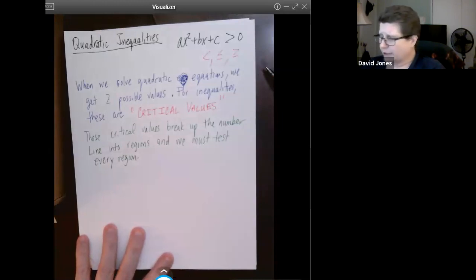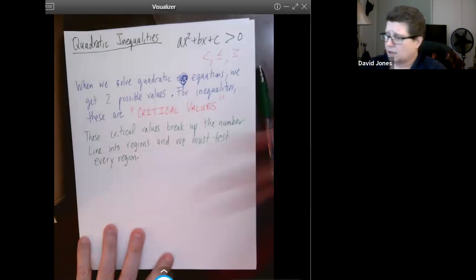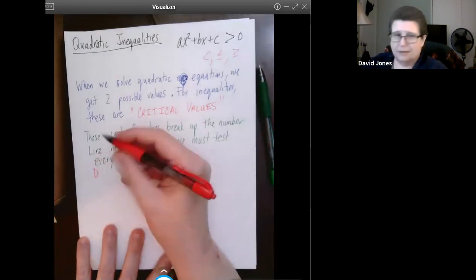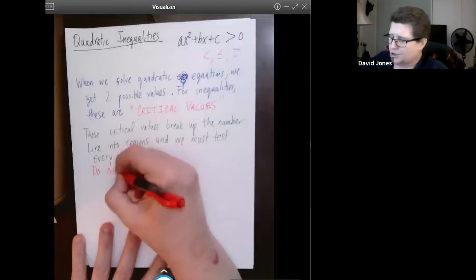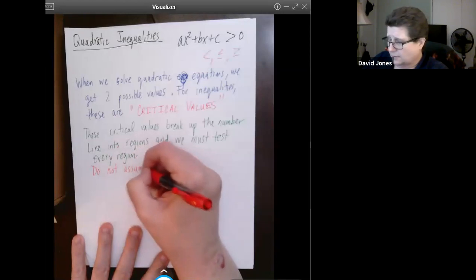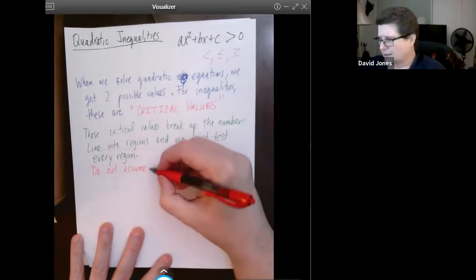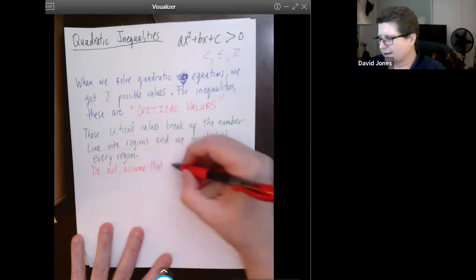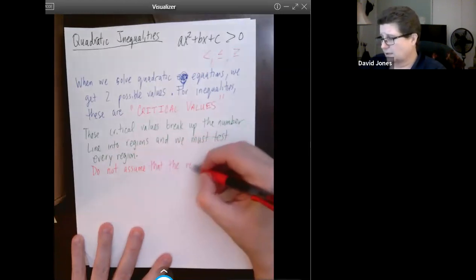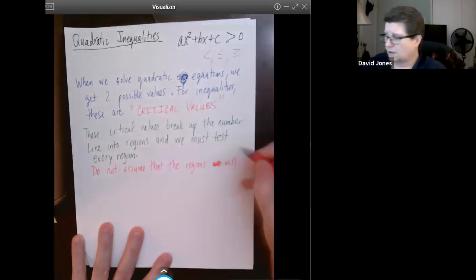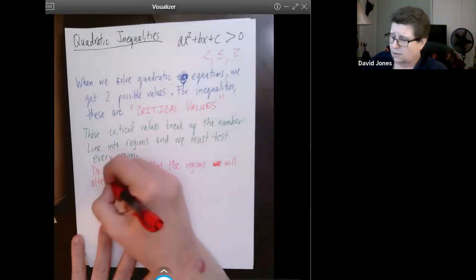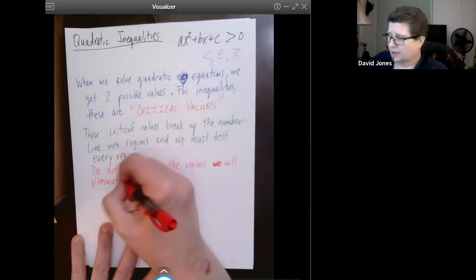And it's very important to note, and the reason why I'm saying it now is because oftentimes this is the case. Do not assume that the regions will alternate with shading on and off.